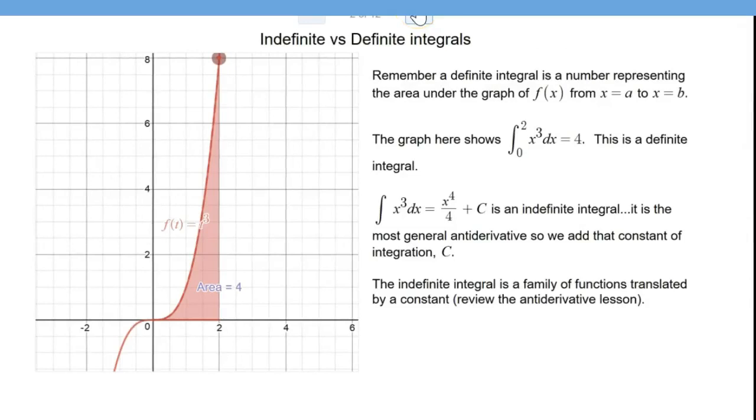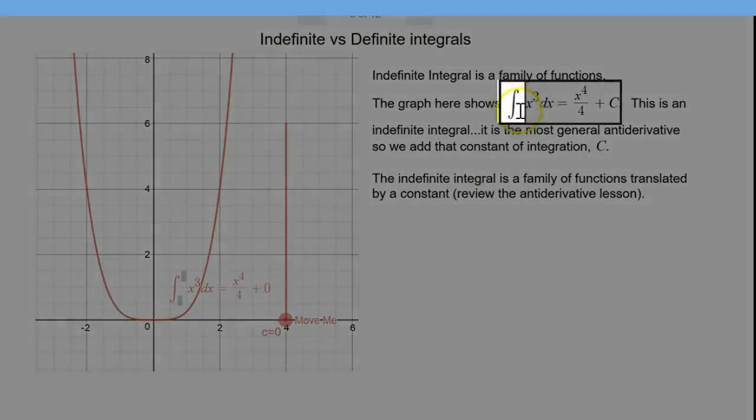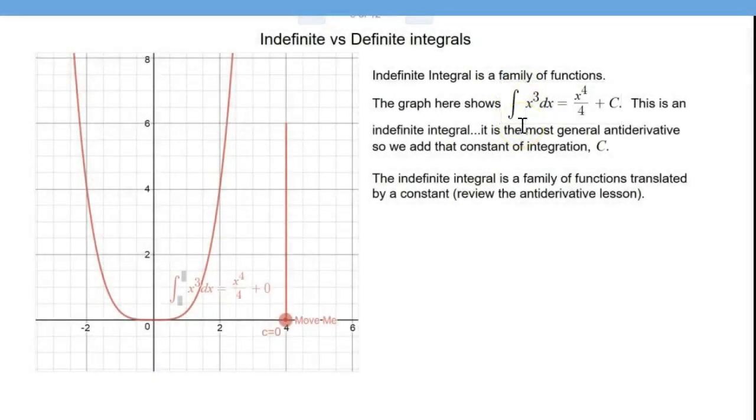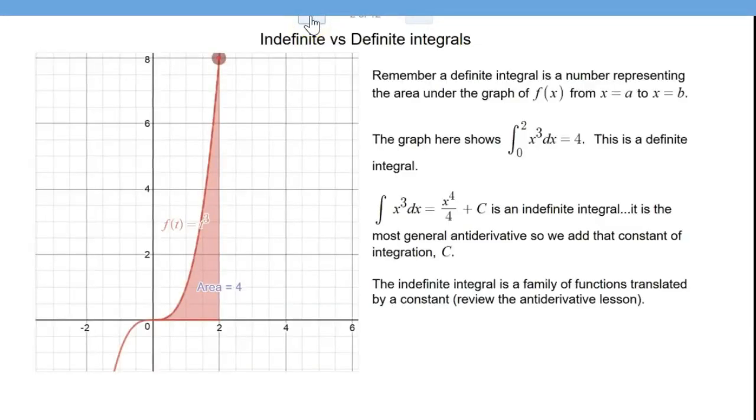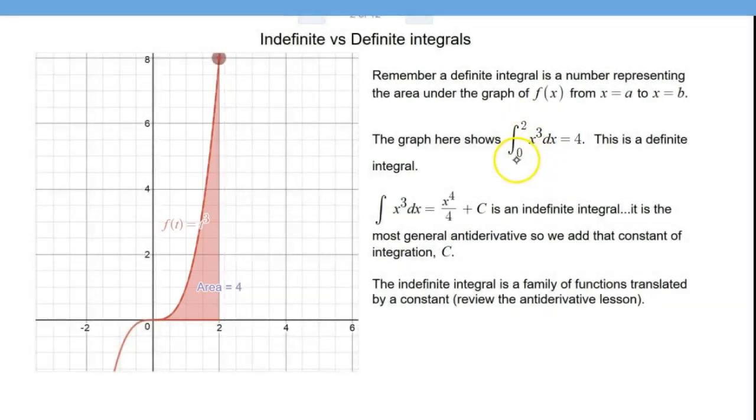So an indefinite integral is going to be written like this, where you don't have limits of integration. So let's look at an indefinite integral versus a definite integral. Remember in the last section, a definite integral is the area under a curve between A and B, two points on an interval on the x-axis, and it's a number, right?